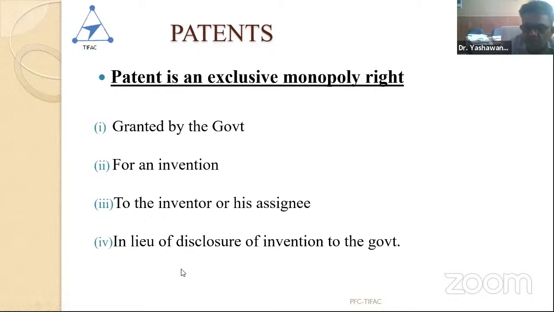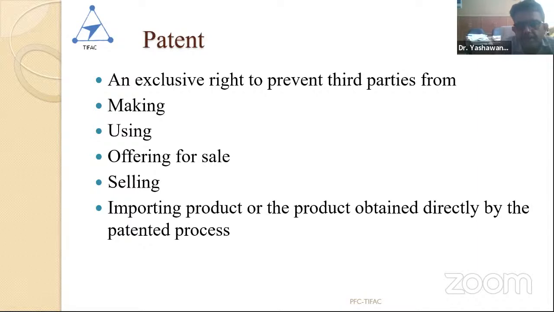And then there is a format of disclosing your invention in a patent document. So you have to put in your technical details. This is an exclusive right to prevent third parties from making, using, selling, offering for sale. But what is this exclusion all about?